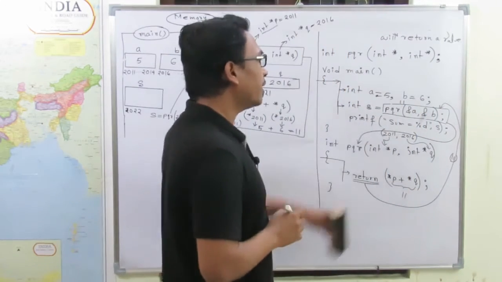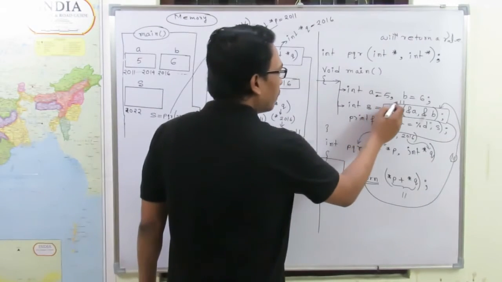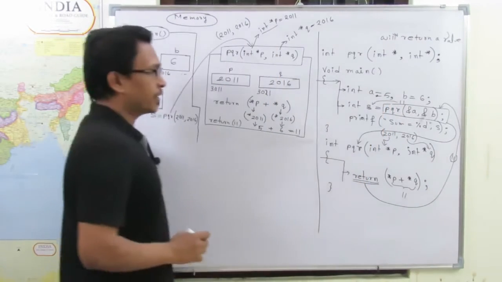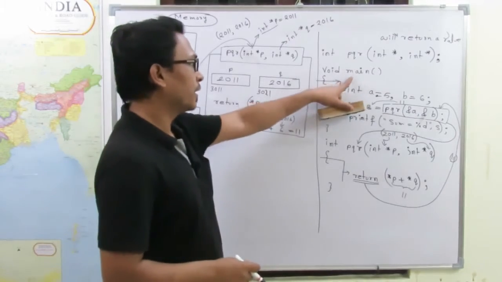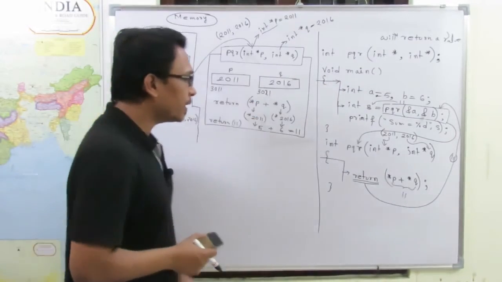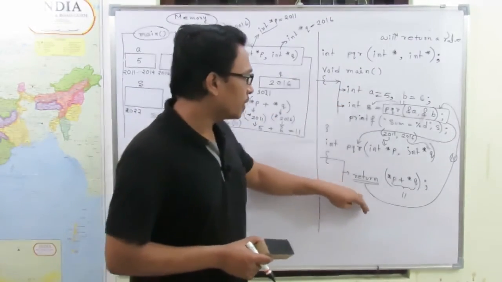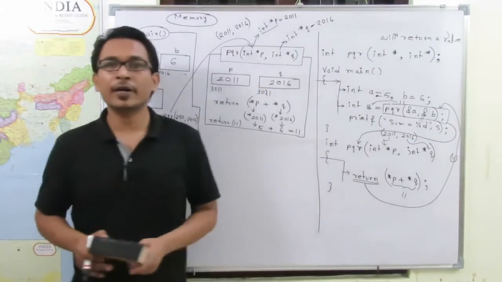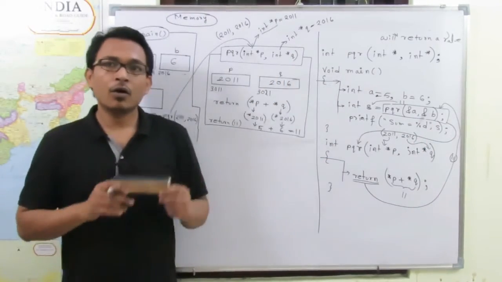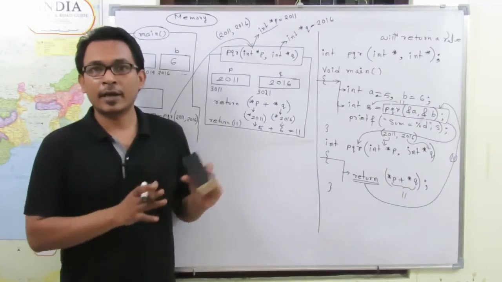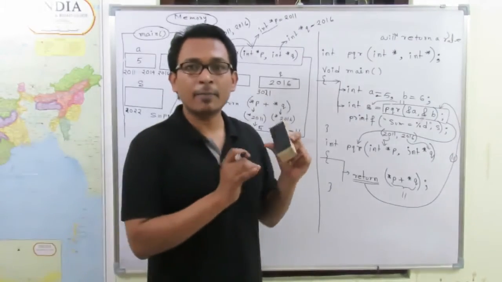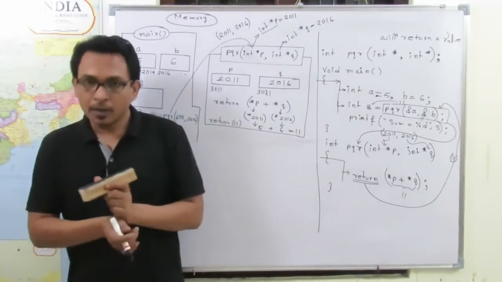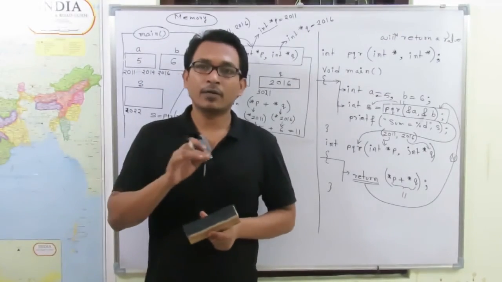That means the returned value. This returned value is stored in the variable S inside the main function. And one more thing: when the control comes out from this PQR function, all the memory allocated for the PQR function will be deallocated by the system at the time of return from that function.